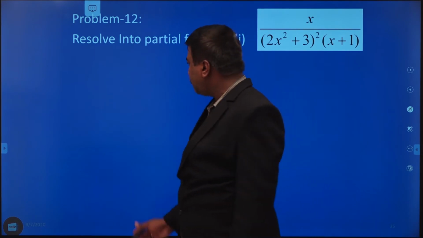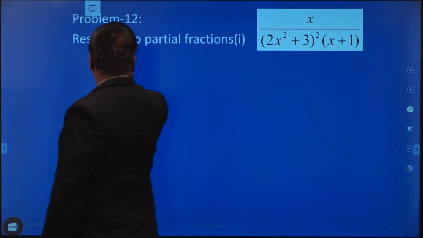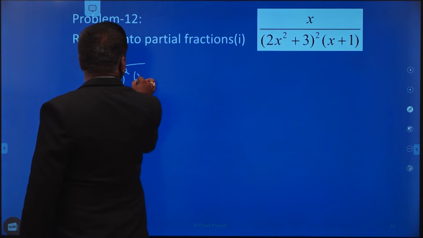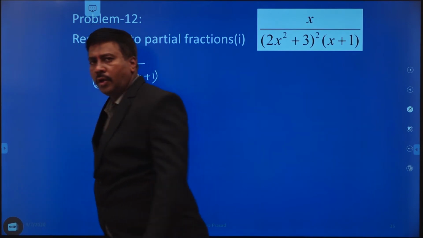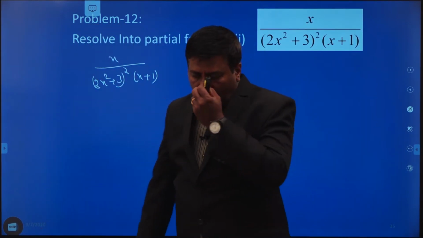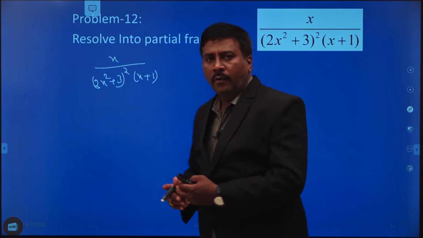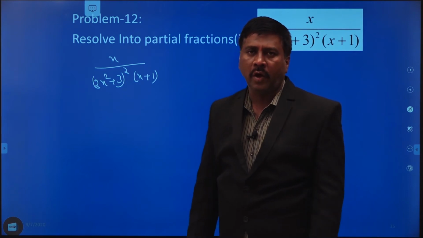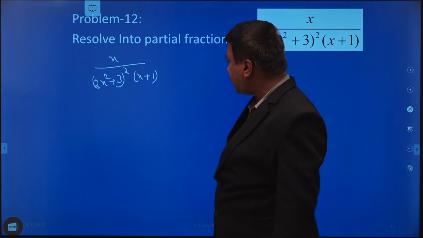I will give some hints on this problem. This is our given problem, x by (2x square plus 3) whole square into (x plus 1). Now tell me, what is the type of this fraction, whether it is a proper fraction or an improper fraction? You have to identify that using simple common sense.